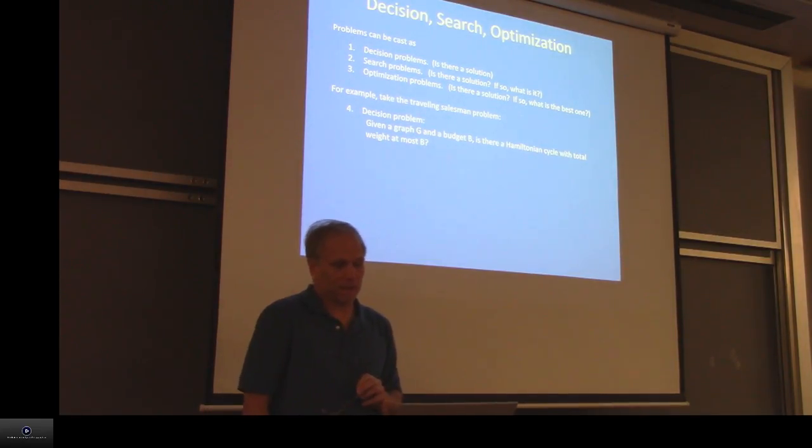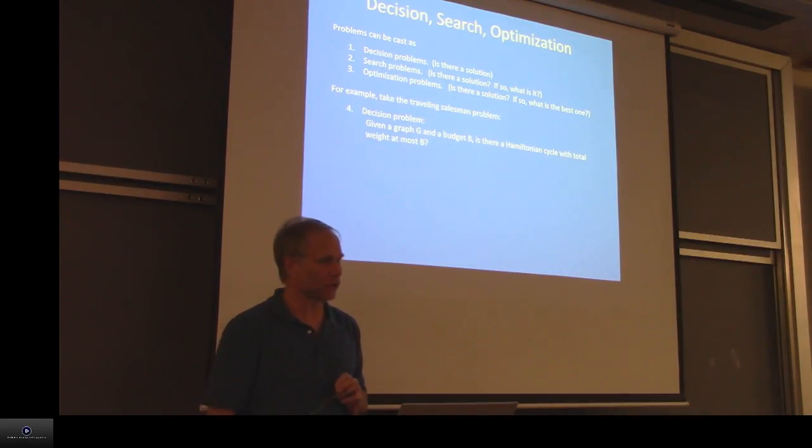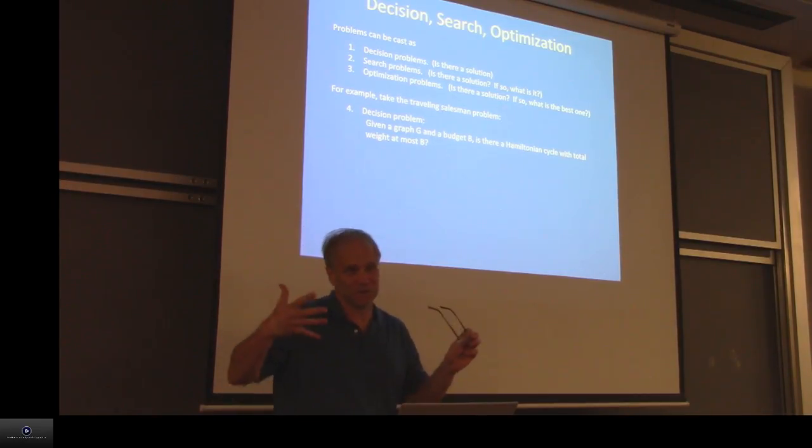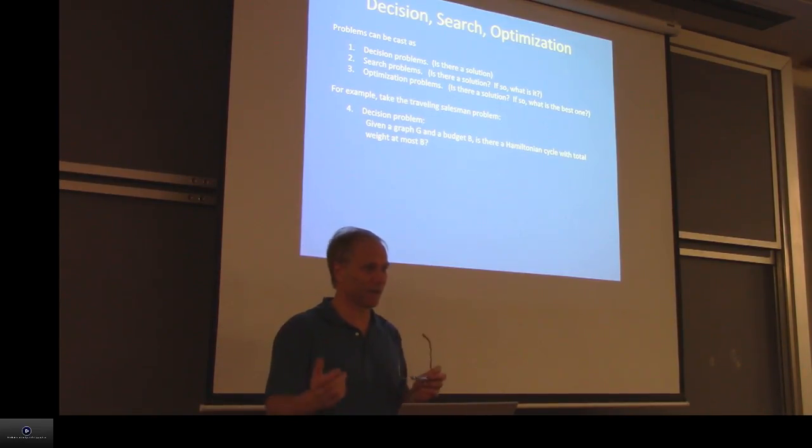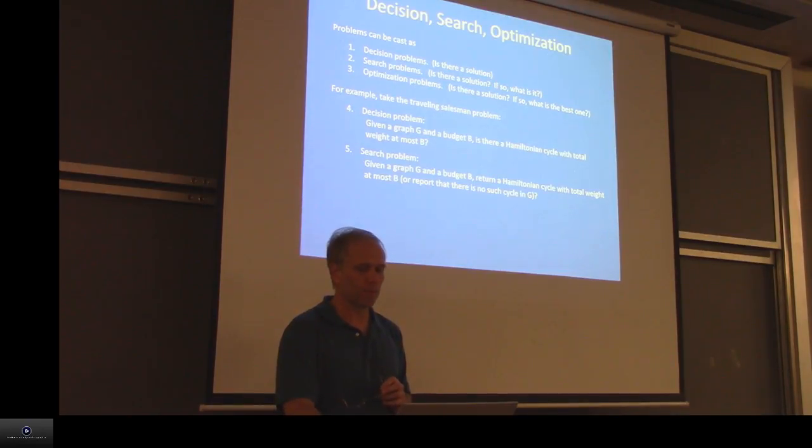Perhaps that might be easier than actually finding a solution, determining just if there is one or not. The search problem would be: here's the graph and the budget. Give me a Hamiltonian cycle with total weight at most B, or tell me that there is no such cycle.